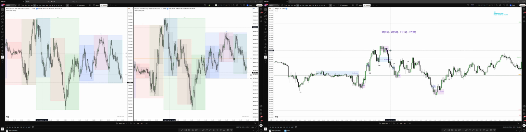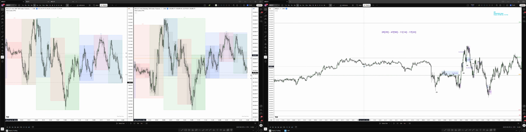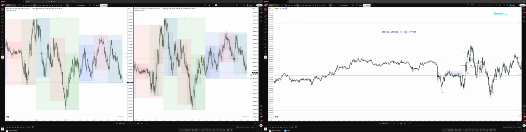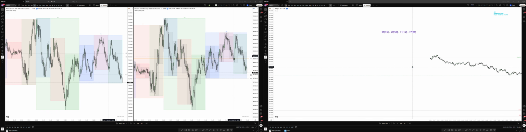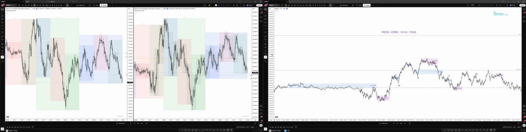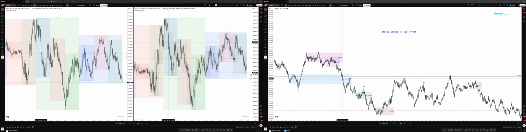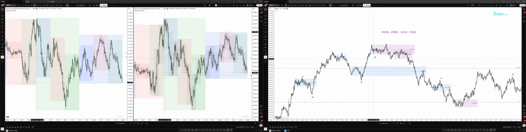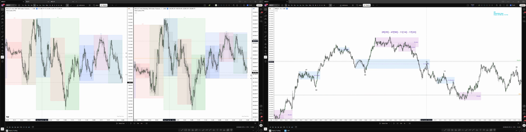Those are the main things I use, mainly breakers and inversion breakers. I'm not really using order blocks because I'm on the 5 second chart when I'm looking at all this stuff. So I'll sort of get a zoomed out view and then wait for the breakers and inversion breakers to form on the 5 second chart.